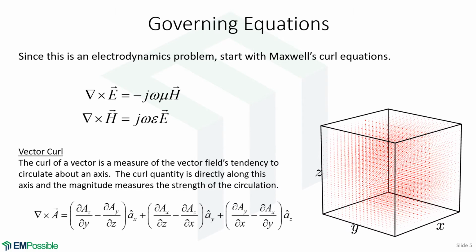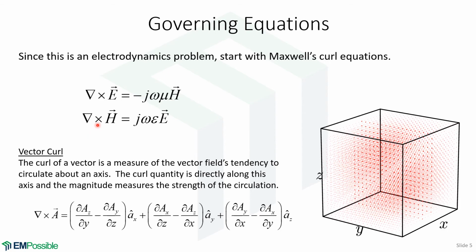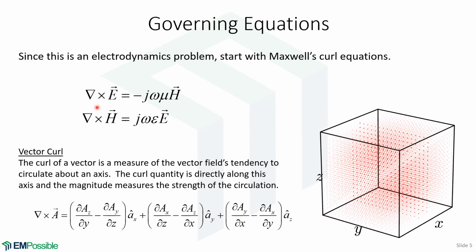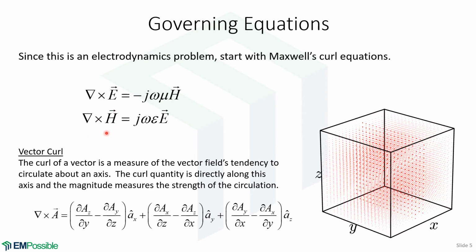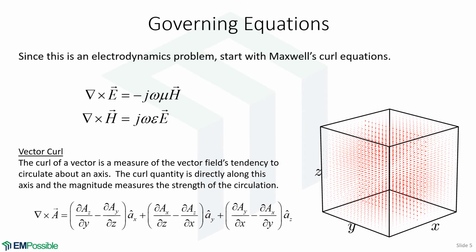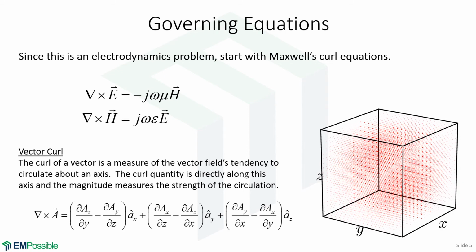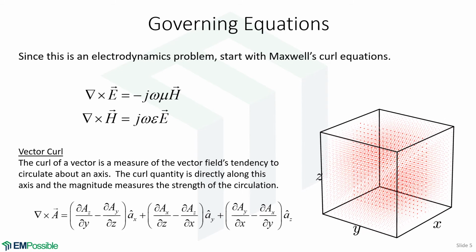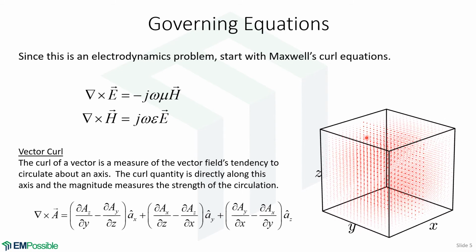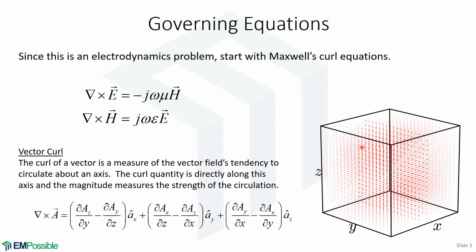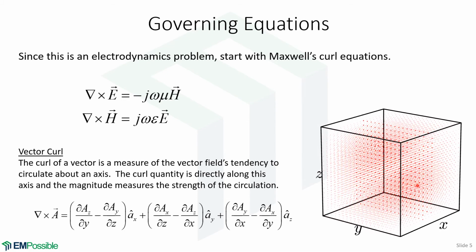Now, inherent in this equation is this del cross and then some vector quantity. This is called a curl calculation, and it is calculating the tendency of a vector function to circulate about some axis. So if we look at this little animation over here, we can actually see that there's some circulation in the field here.